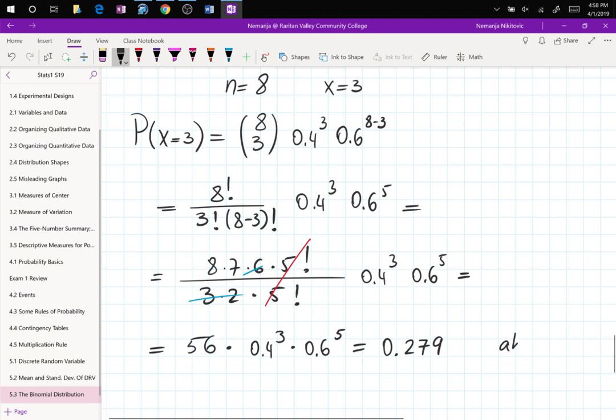So about a 28% chance that in 8 deadly accidents, 3 were caused by a person under the influence of some kind, whether it's drugs or alcohol or whatever, right? So that's 28%. By the way, autonomous driving eliminates all of that.